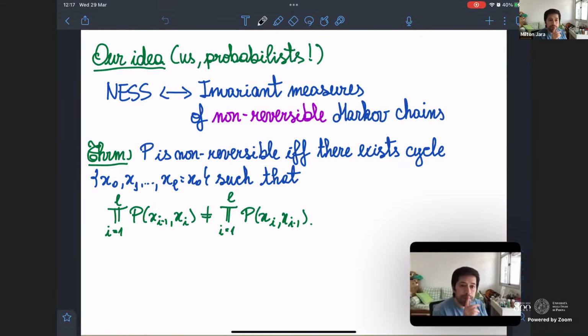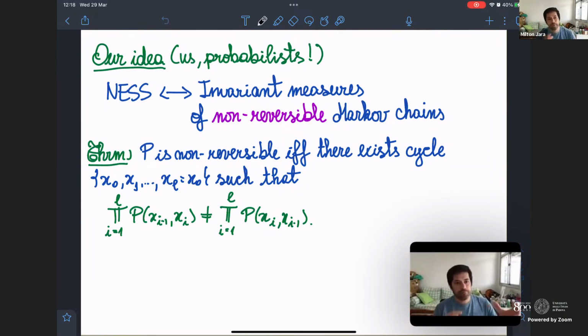Here there is a catch, which is that this condition does not make any mention of the invariant measure. So you can detect whether a Markov chain is non-reversible without knowing what the invariant measure is. And this is interesting from our point of view because we want to put into a mathematical framework these ideas of non-equilibrium stationary states, and we have already seen that they are very complex.